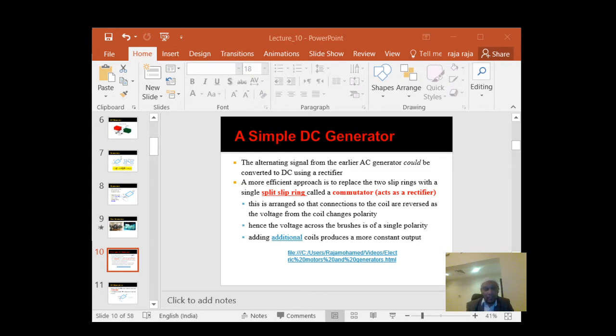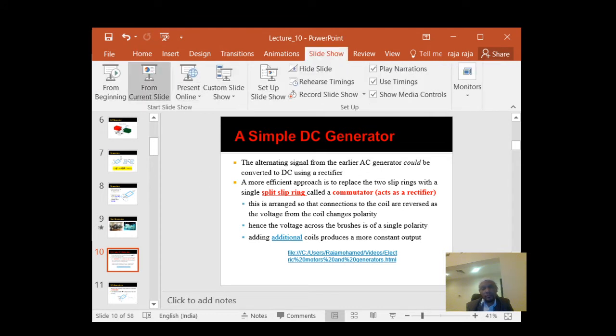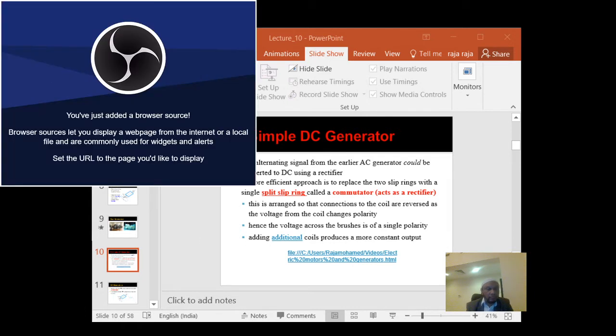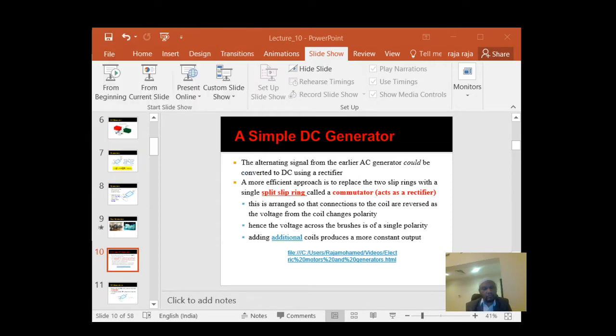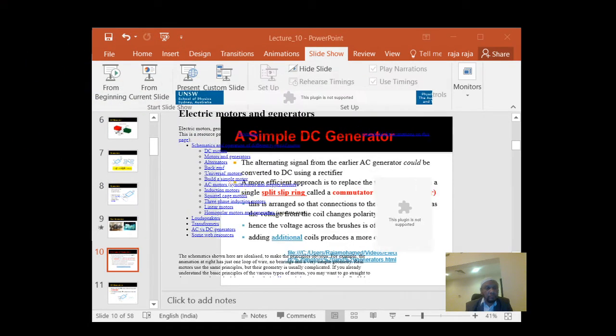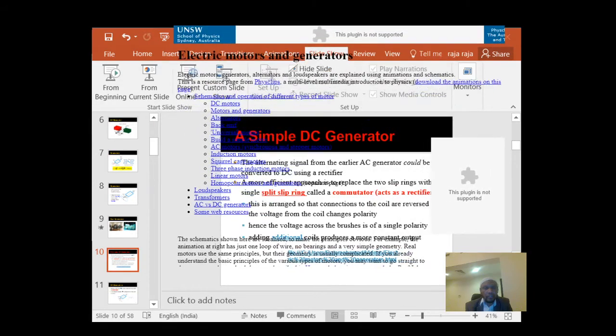Now I will show you a simple DC generator animation, showing how the DC EMF is generated from the generator. Okay, so this is the website.